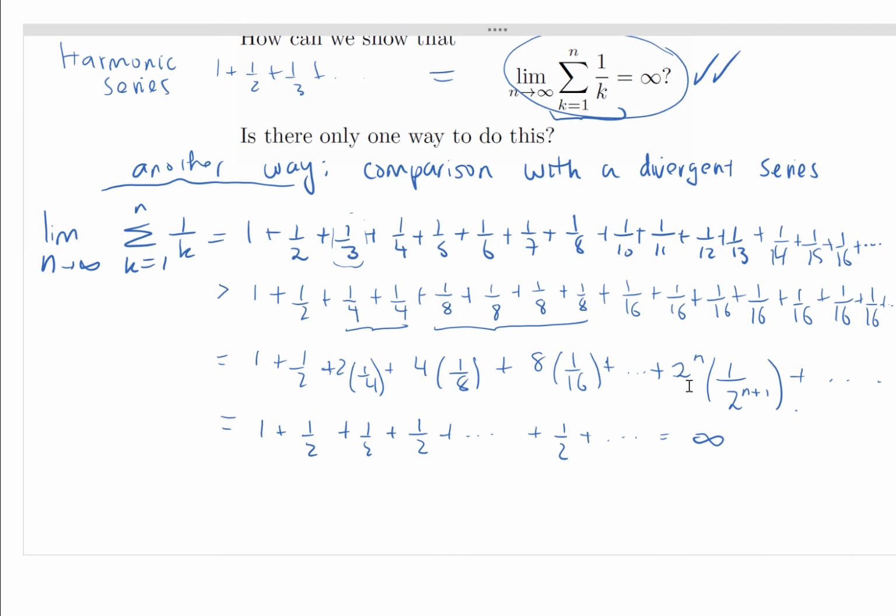We will have to show more details, but that's something that can be done very easily once we realize that the number of addends will be 2 to the n, because the difference between 2 to the n plus 1 and 2 to the n is 2 to the n. And once we realize that we're replacing numbers by a power of 2, that corresponds to 1 over 2 to the n plus 1. So that's something that can be shown in detail and rigorously, and if you're interested in that, I can certainly make a video of those details. So just let me know, and we'll work on that.